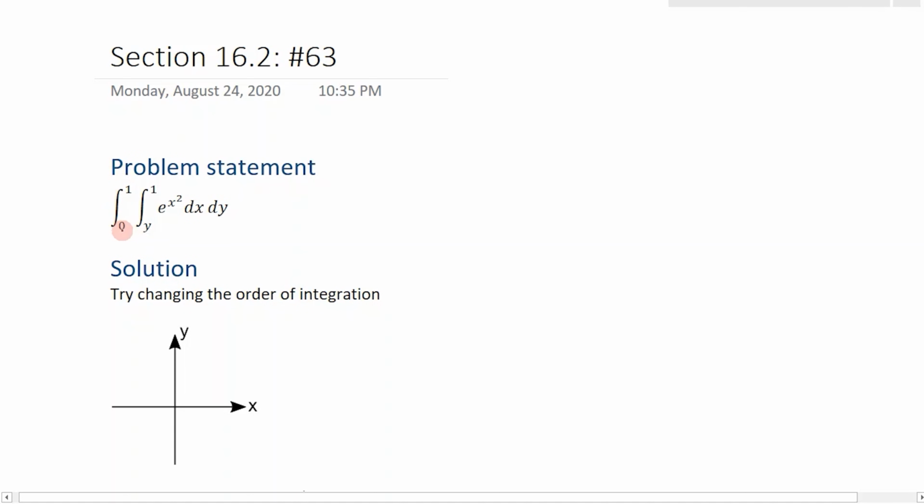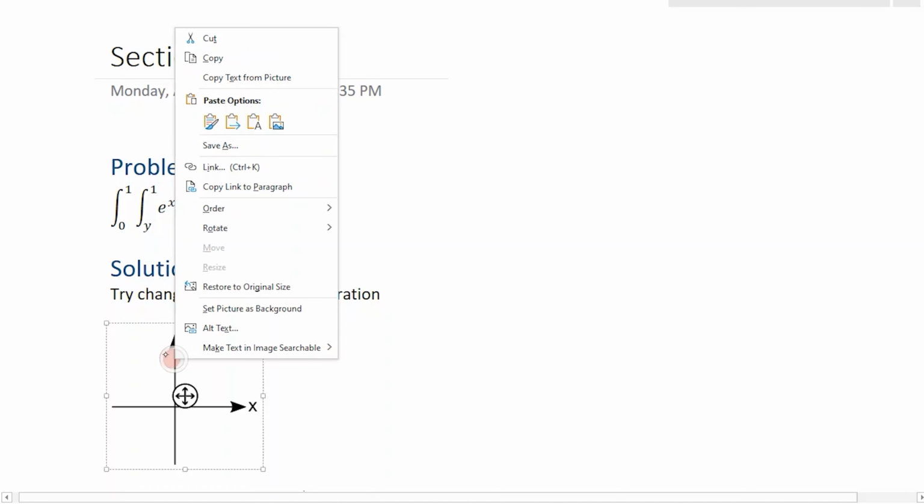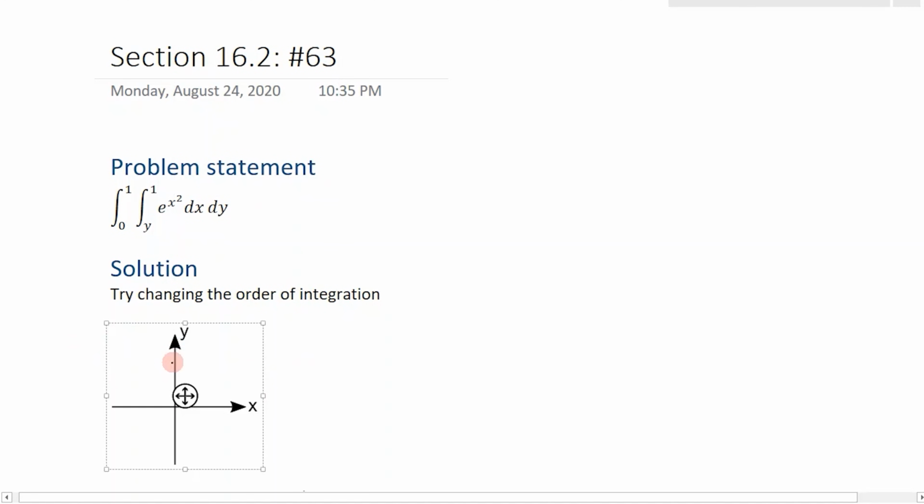You see the region of integration goes for y from y equals 0 to 1. So from y equals 0 to y equals 1.